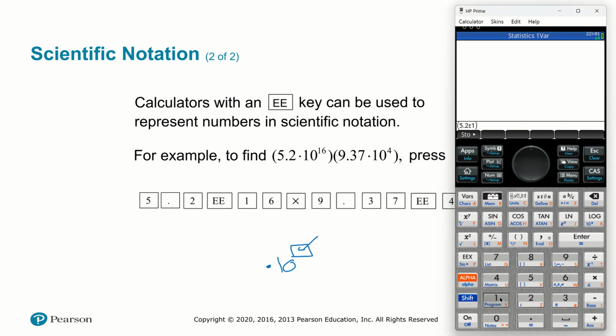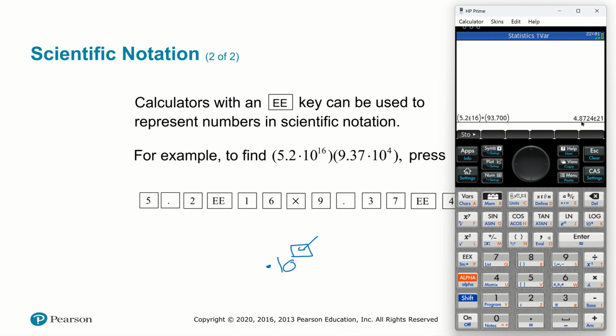So you would just put in 16 and make sure you exit the first set of parentheses, and then we can open another one and type in the second number. So 9.37, and then click that EEX button again, and then type in 4. When you see that, that means 9.37 times 10 to the 4.